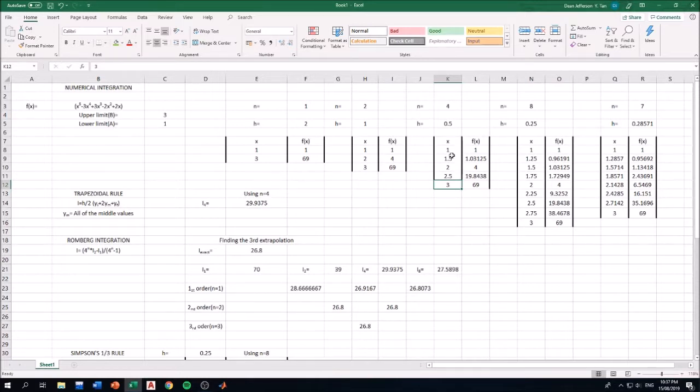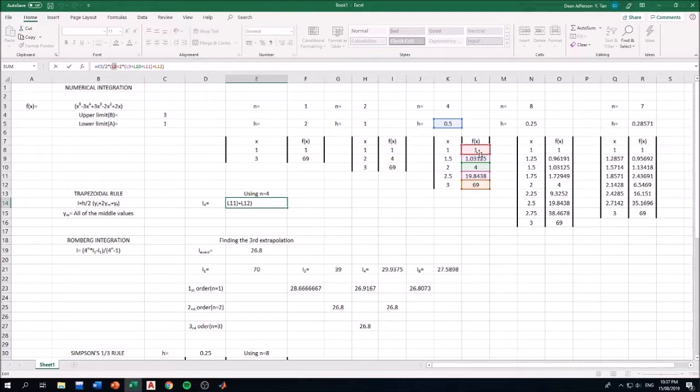Okay, so our h is 0.5 divided by 2, times y initial, 1, plus 2 times all the middle ones. So we have 1.03125 plus 4 plus 19.8438, parenthesis.